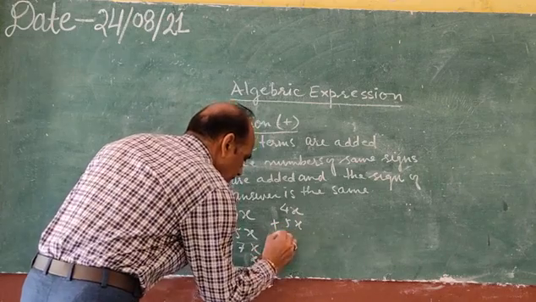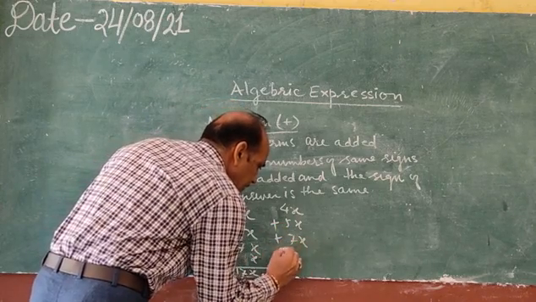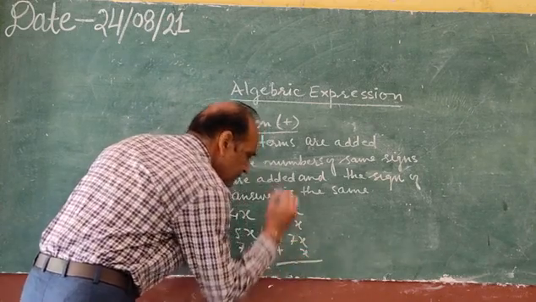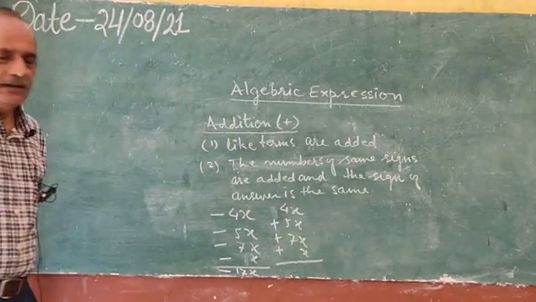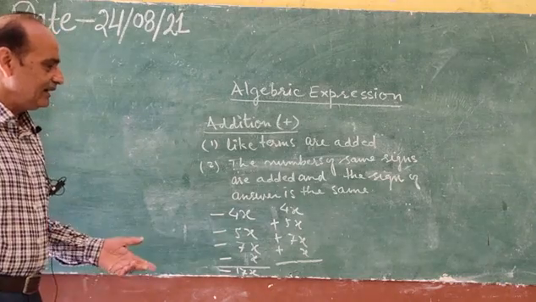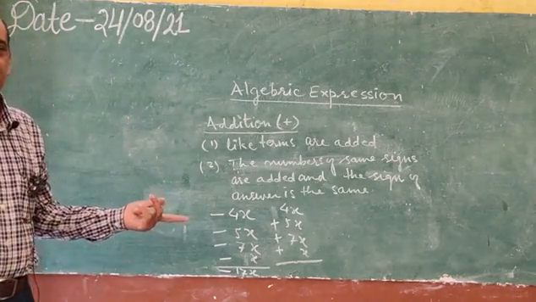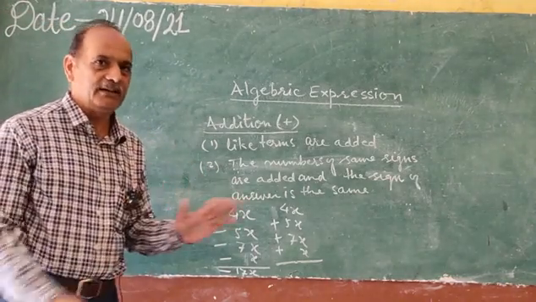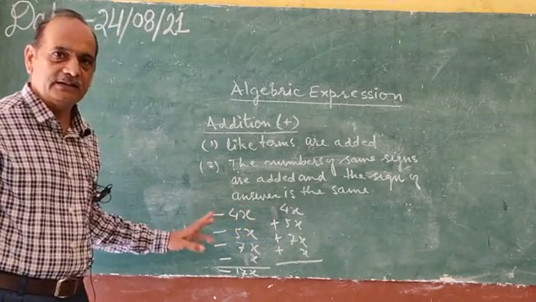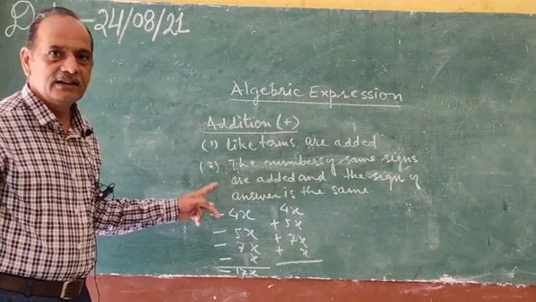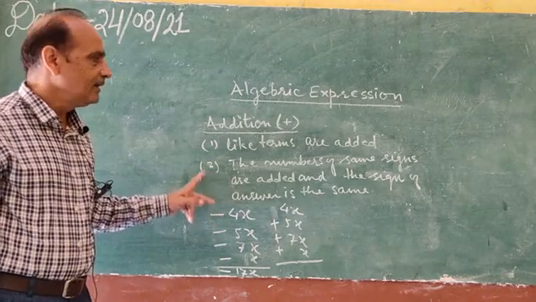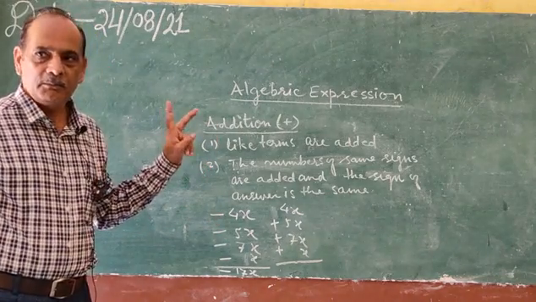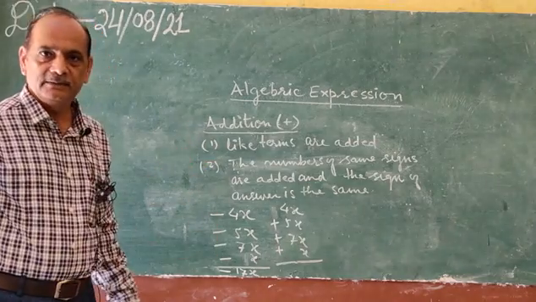5x, plus 7x and plus x. Now where is your method that when you say that sir plus becomes minus? Plus never becomes minus, minus becomes plus, but not in addition. Minus is plus in multiplication only.